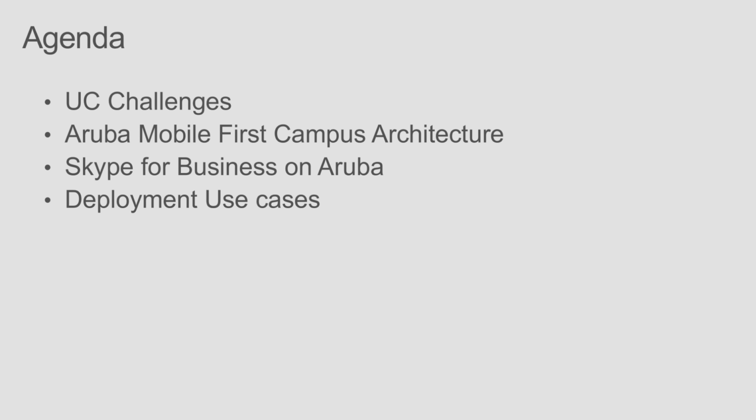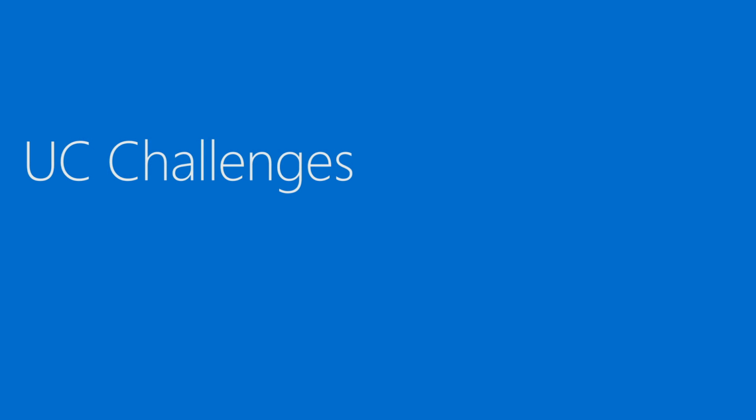I'll talk about multi-tenant, multi-site Skype for Business deployments, and how you can resolve issues with roaming and stuff like that. And finally, I will have a demo. This is the single pane of glass I'm talking about. I'm going to show you how you can troubleshoot your network better.